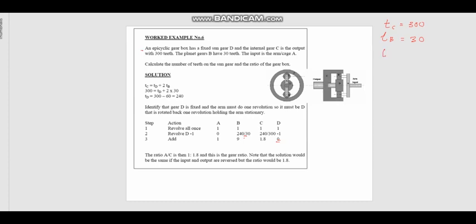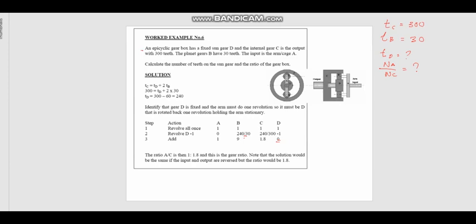So basically we want to know what is TD, and the ratio of the gearbox. So we want to know what is N_A over N_C. So those are the things that we need to find out, right?